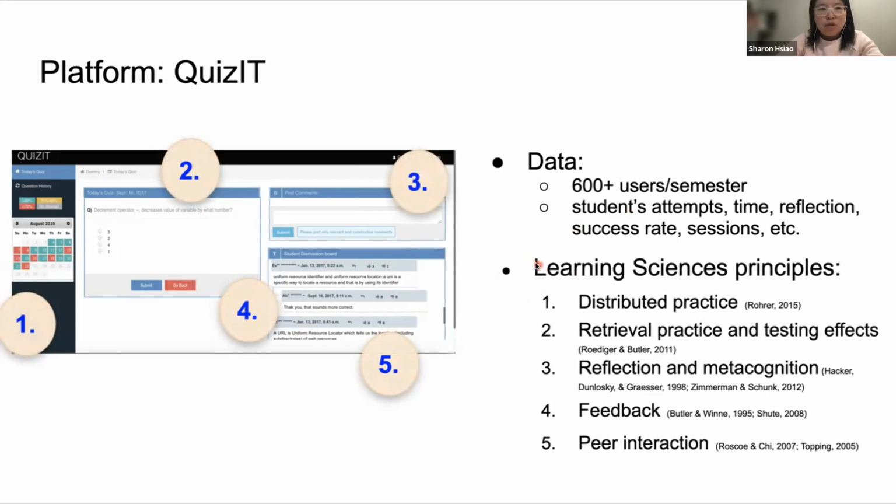Each part of the design leverages learning sciences principles, including distributed practice and retrieval practice: how frequently they use it, how they chunk it into sections, how they reflect in order to enforce metacognition, and how they leverage peer feedback, etc.